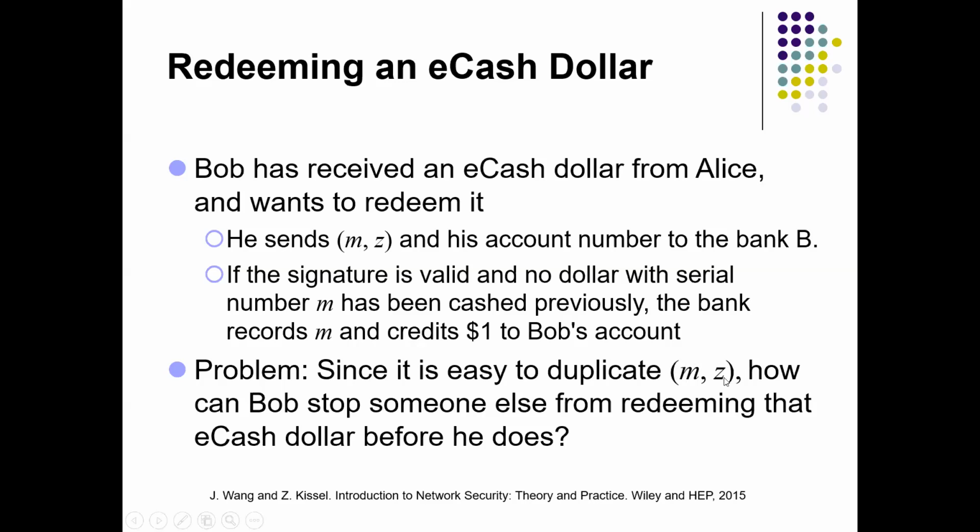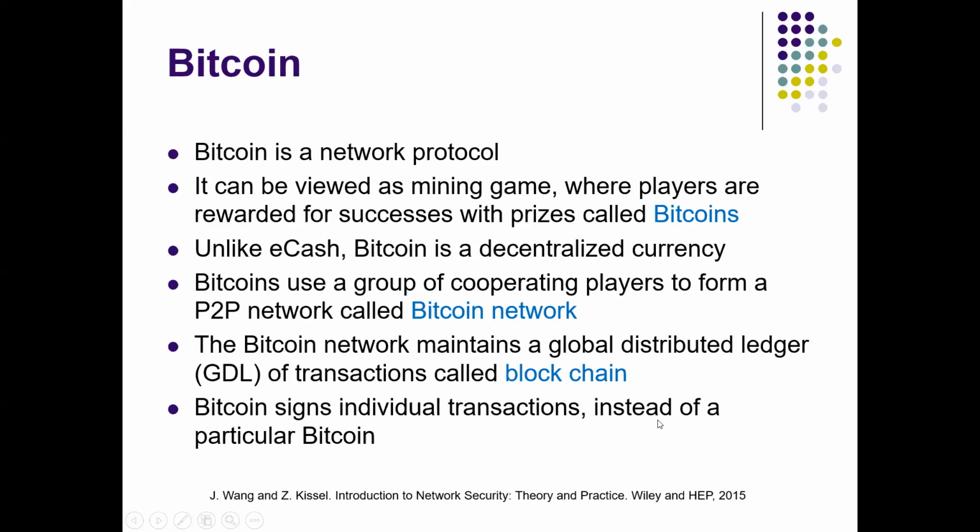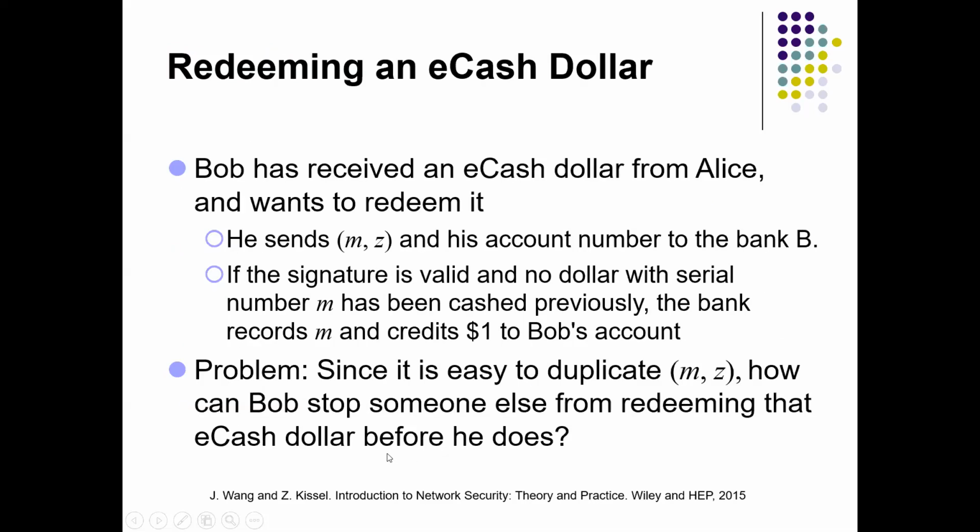And let's say Bob is a legitimate person, but Charlie isn't. So the question then is, how can Bob stop Charlie from redeeming that eCash dollar before he does? That is the first question that I would like you to think about. The second question is, how can we divide an eCash dollar into smaller values? So that's another question.